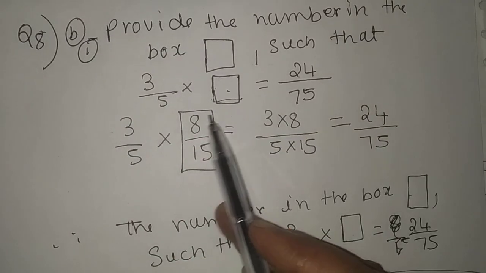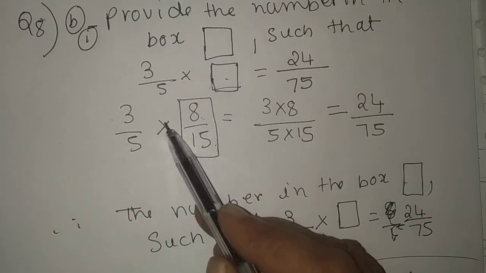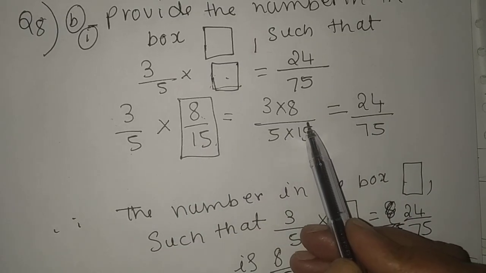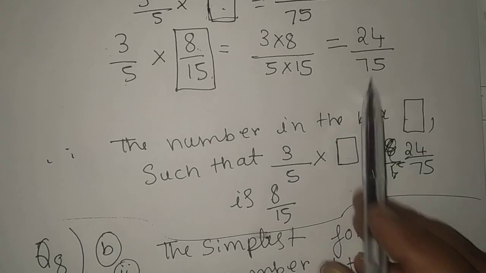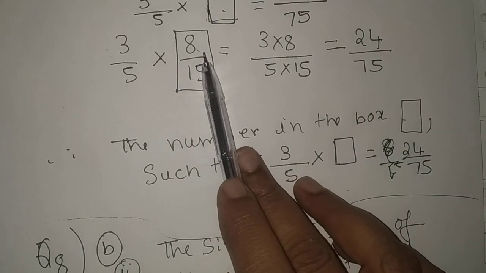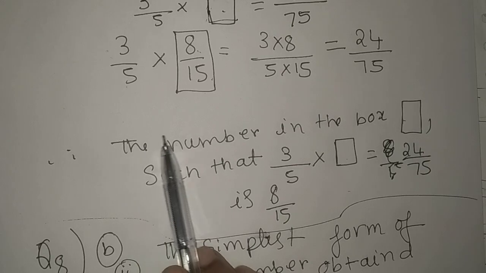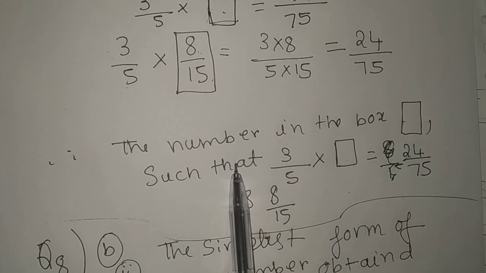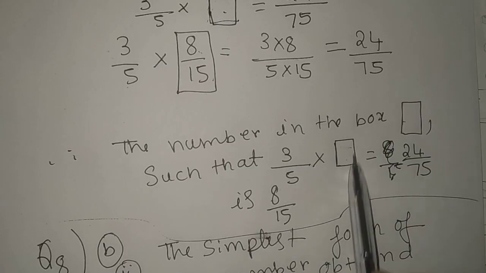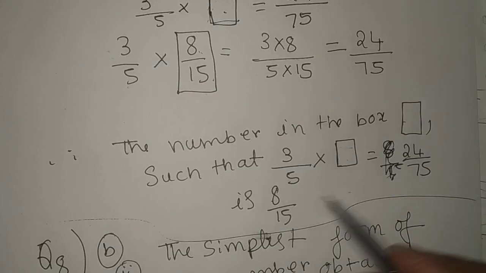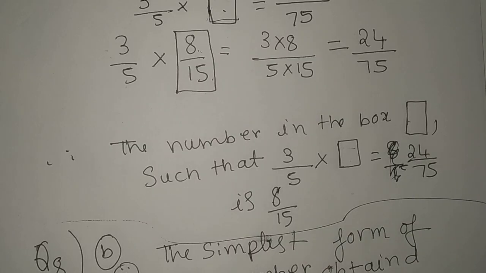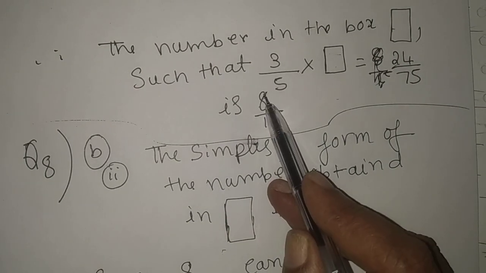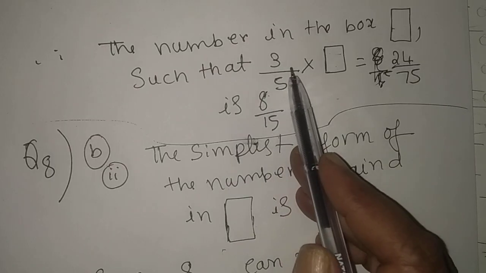So we assume it as 8/15, that is 3 into 8 is equal to 24, and 5 into 15 is equal to 75. So we got this by substituting in the empty block. Therefore we can conclude that the number in the box such that 3/5 into the box is equal to 24/75 is 8/15. So we finished part B, first one.